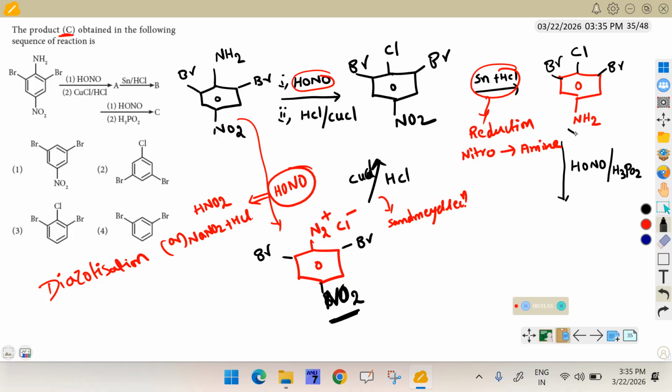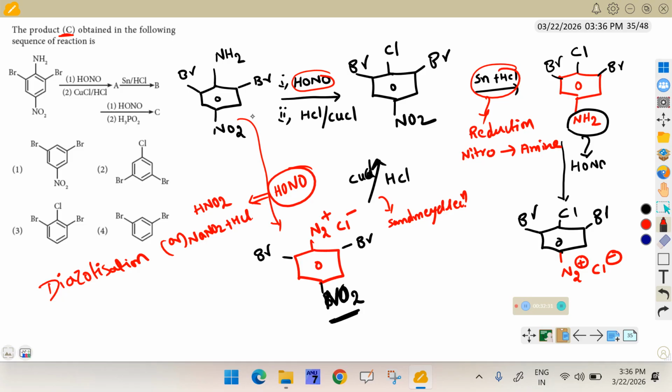The amine again reacts with HONO. Then the amine group is converted to N2+Cl-. Here chlorine is present, here bromine, here also bromine, and NH2. The diazotization process takes place and it gives a diazonium salt.